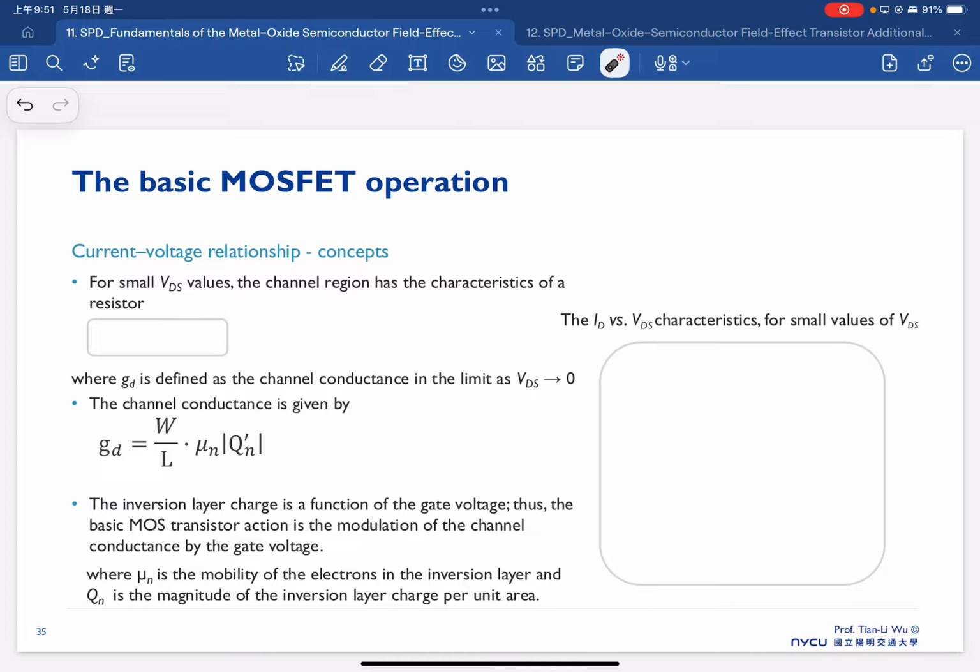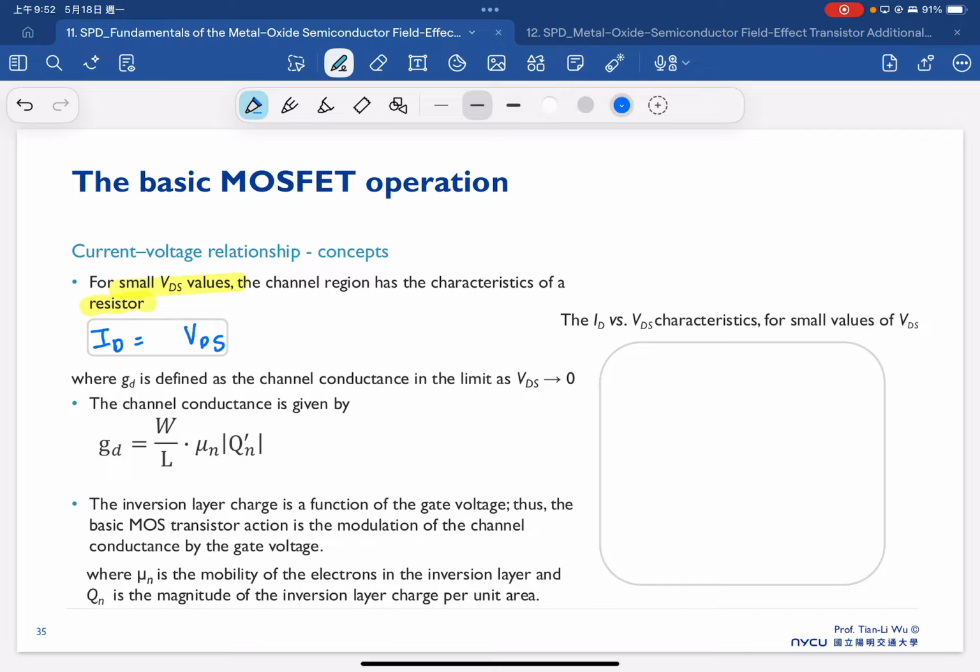When we consider a small VDS value, the channel region normally behaves just like a resistor, so we can consider the channel as a resistor, and we have this correlation where ID is proportional to VDS.